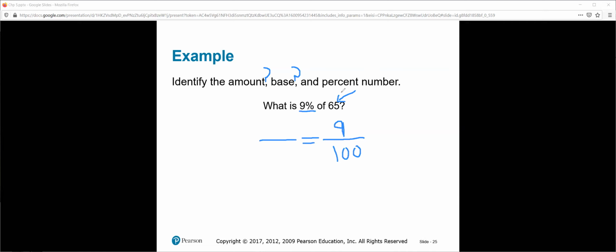I would read that as the answer would be less than 65. So we know this 9 is smaller than this 100, meaning the answer or your amount is going to be smaller than your base. Solve for x up there. That would be the idea going forward here.